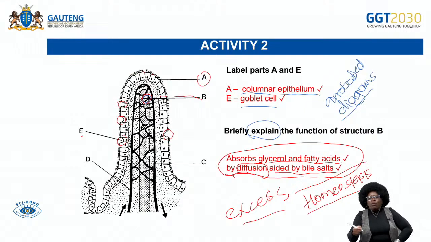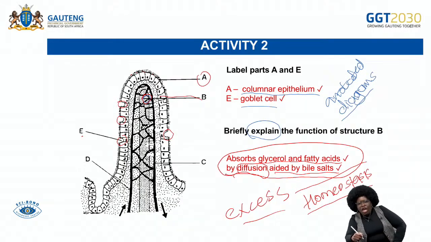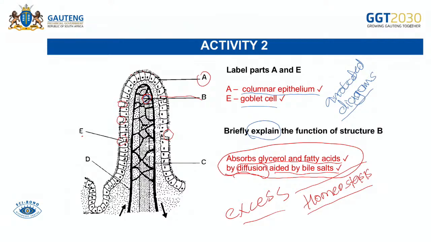The body has a way of detecting if something is more or something is less. If we've got more, the body must tone down to become normal. And if it's less, the body must find ways of taking it up. I don't want to go further into this because you will learn about homeostatic balances in our bodies.